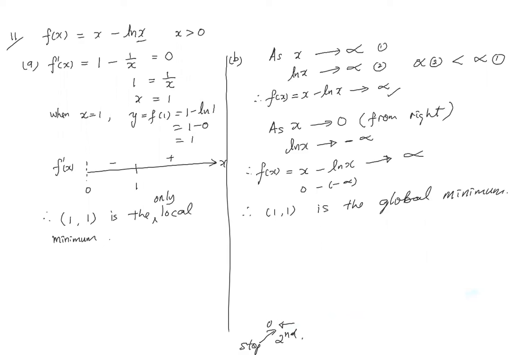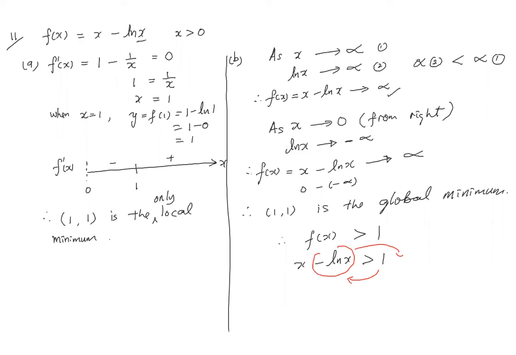So now I can say that my f(x), which is x minus ln x, is always greater than or equal to 1. Now I bring this term over, bring the 1 over, exchange place.